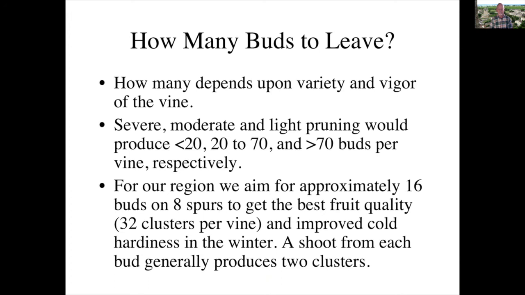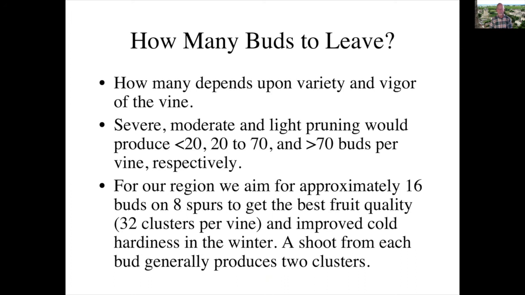The reason for that, in part, is that we have a shortened growing season, and also our conditions are more severe, particularly regarding winter. And so if we have too much fruit on our vines, it taxes the vines. It reduces the amount of carbon that can be stored in the trunk and the roots to help the grape overwinter during the cold season.